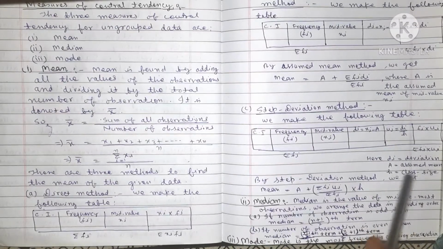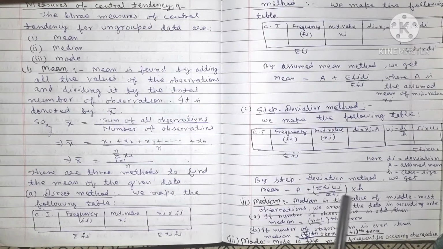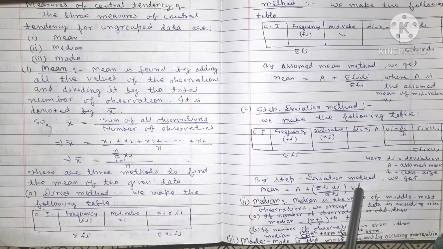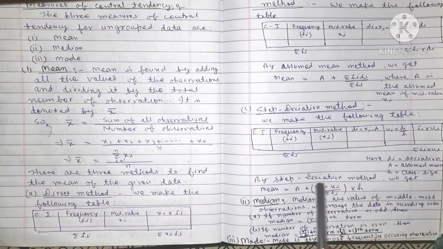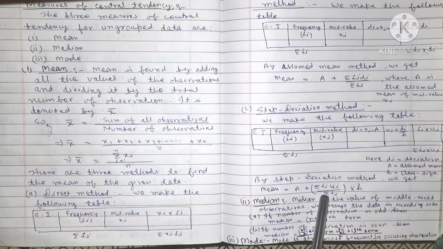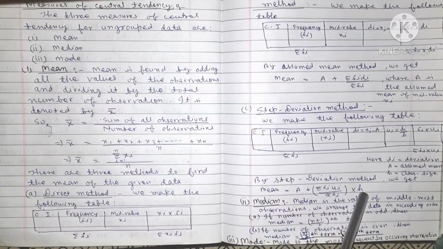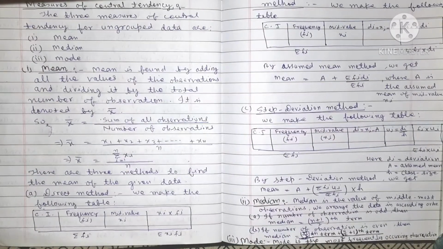Here di is deviation, a is assumed mean, h is class size. By step deviation method we get mean equals a plus sigma fi ui by sigma fi, into h, where h is class size, and sigma fi is the sum, that is the total of this column, into h, class size.